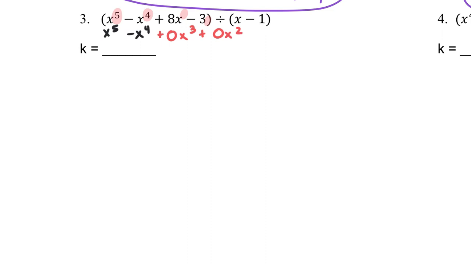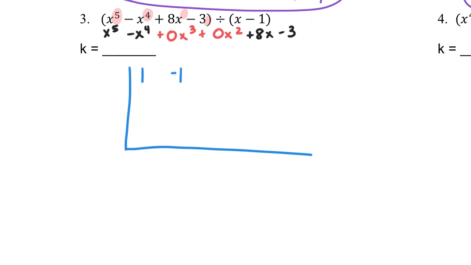So rather than just ignoring that, we have to make sure that we put that in. It must be in standard form, and you can't miss a single exponent when you are writing out your long division. So when I'm looking to put in those coefficients, I'm going to put in 1, negative 1, 0, 0, 8, and negative 3.